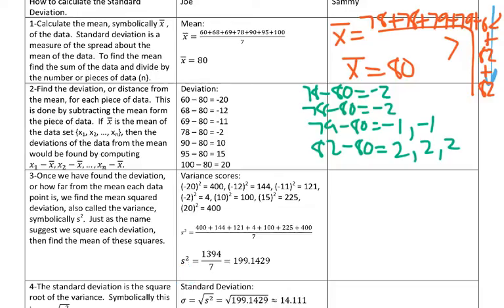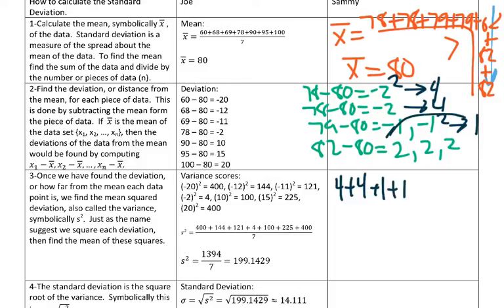So we do the same thing. Negative 2 squared would give us positive 4. Negative 1 squared gives us positive 1. So we've got 4 plus 1, then another positive 1 as well. And then 2 squared would give us 4 again, so we have 3 more 4s.